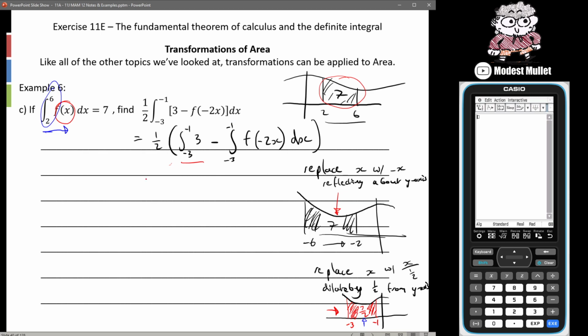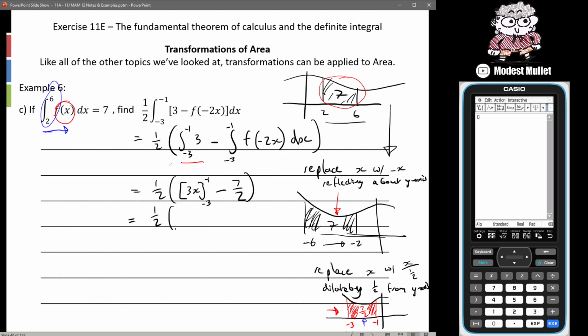But we can say that that is equal to half bracket, this is going to be 3x, -1 and -3 minus, and we just proved doing these transformations that between -3 and -1, which we have down here, f of -2x, which we've got because we dilated it and reflected it, that area needs to be 7 on 2, so we can just put 7 on 2 straight in.